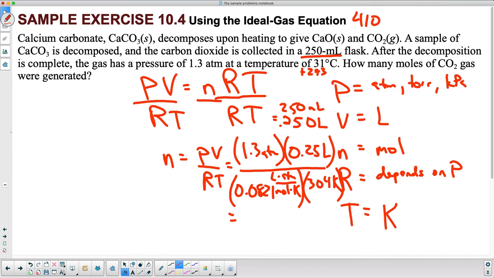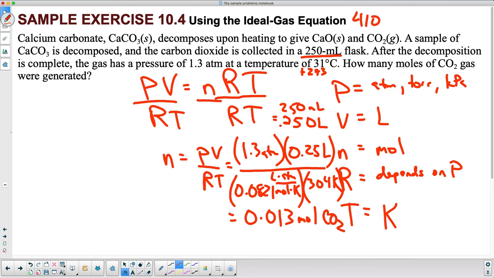So what I'm working on here then is multiplying and dividing to get a total: the 1.3 times 0.25 divided by the 0.0821, and then divided by 304 Kelvin. That gives me a total of 0.013 moles of CO2.